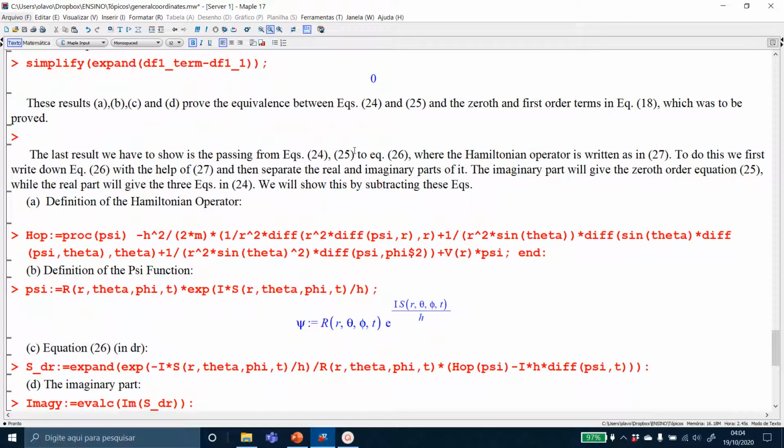So I hope you find this as an indication, a very hard indication that the quantization method is very sound.